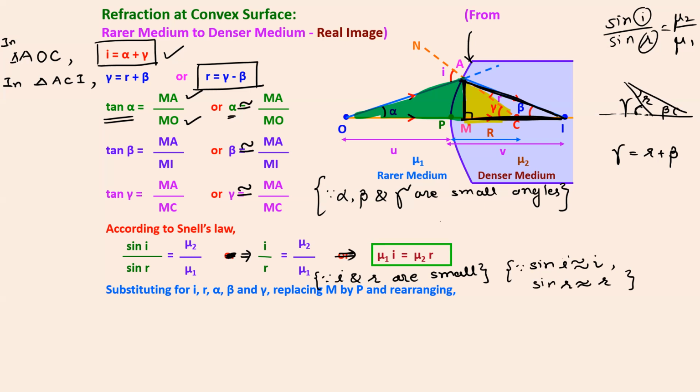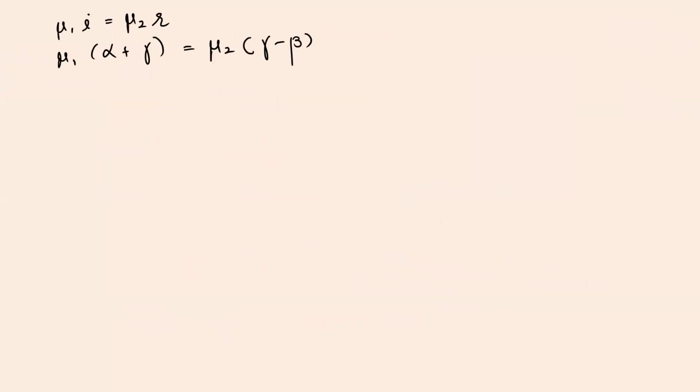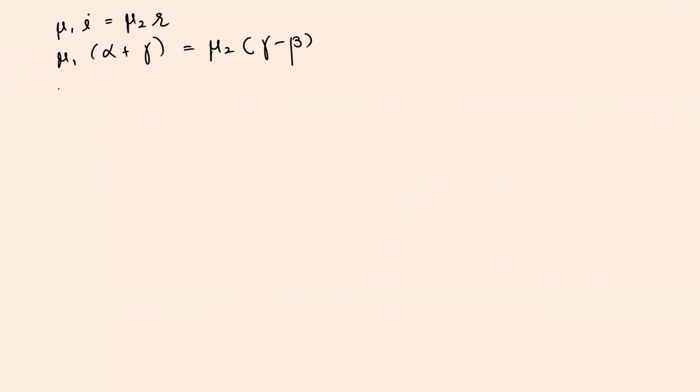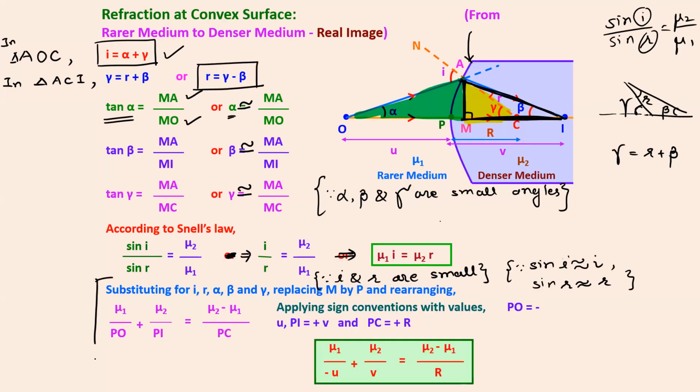Don't write all this. Here we reach: mu1 times alpha plus gamma. I need to go back because I have to substitute alpha, beta, and gamma. Alpha is nothing but MA by MO. Please do not write; we are doing derivation.